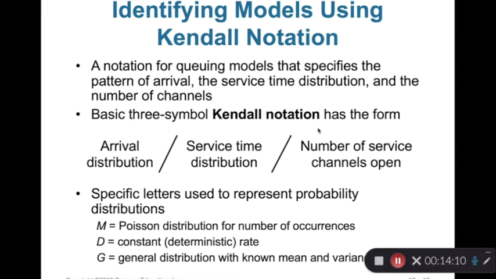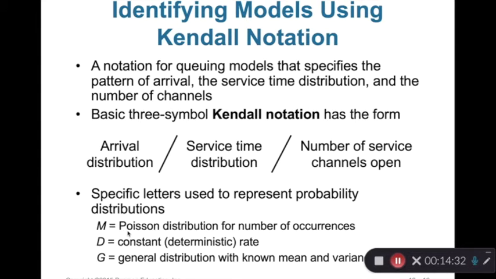We want to use the notation called Kendall notation to represent the queuing system. So basically, you can see here, we use 3 symbols: arrival distribution, service time distribution, and number of service channels open. You need to know some notation here.